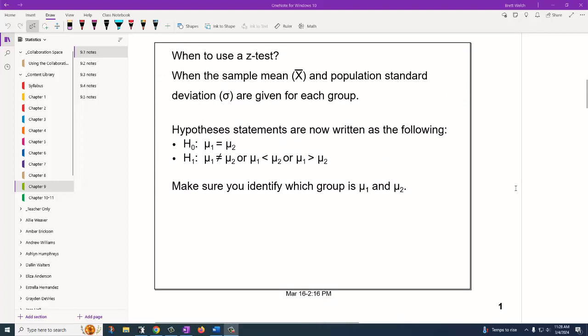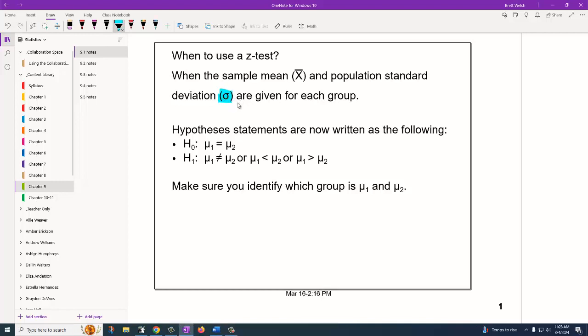All right, when we have the sample mean and the population standard deviation for each group, we can run a z-test. When we run the z-test for a two-sample test, we're going to select a two-sample z-test on our calculator. But we do still have to have the population standard deviation.